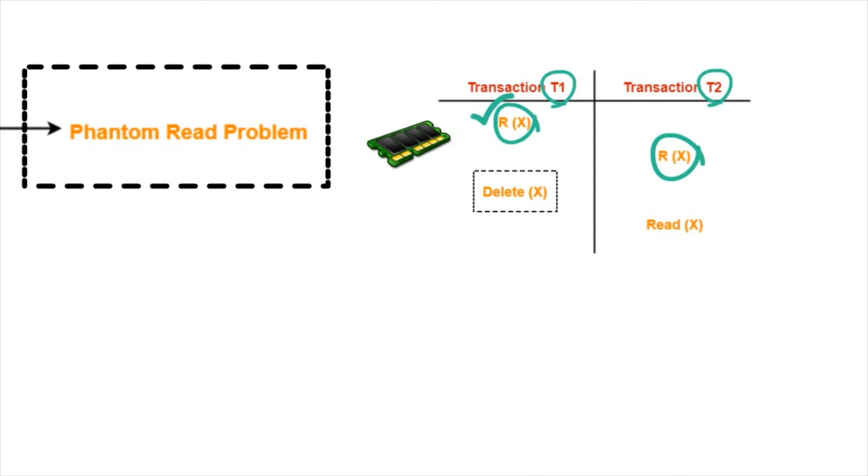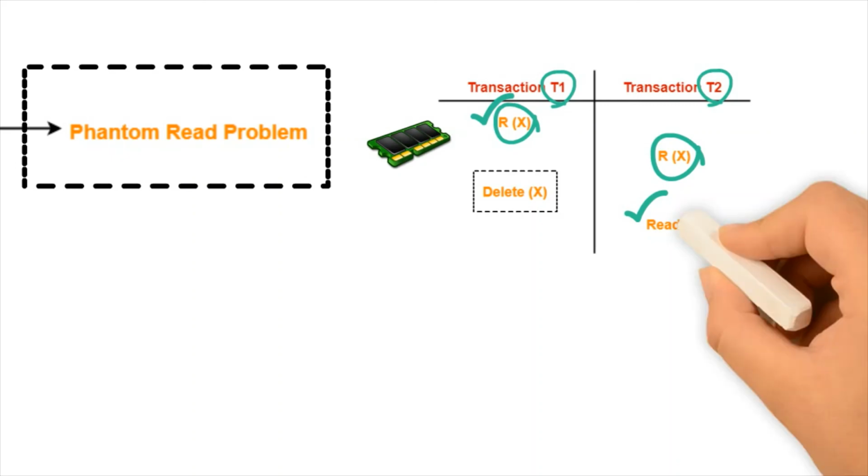So now whenever transaction T2 tries to read the value of X at this point of time, T2 finds that the value of X does not exist because it is already deleted by T1, but due to isolation T2 has no idea about the existence of T1. So as a result, T2 finds that there does not exist any variable X at this point of time.